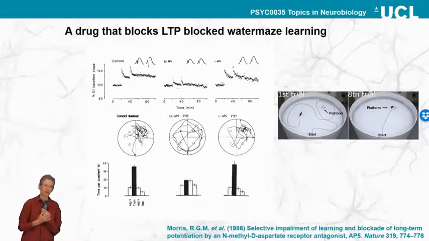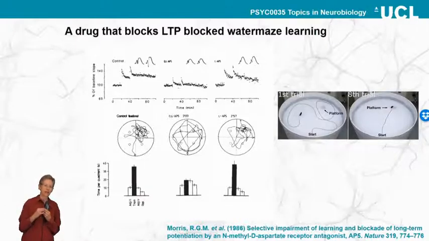Morris showed in an earlier experiment that if you lesion the hippocampus, so if you damage it with electrical current or drugs, then the animal won't be able to find the platform anymore. It swims around aimlessly. So using this paradigm, he and his colleagues decided to test the LTP memory hypothesis. If you block LTP, can you stop this learning, which we know depends on the hippocampus?